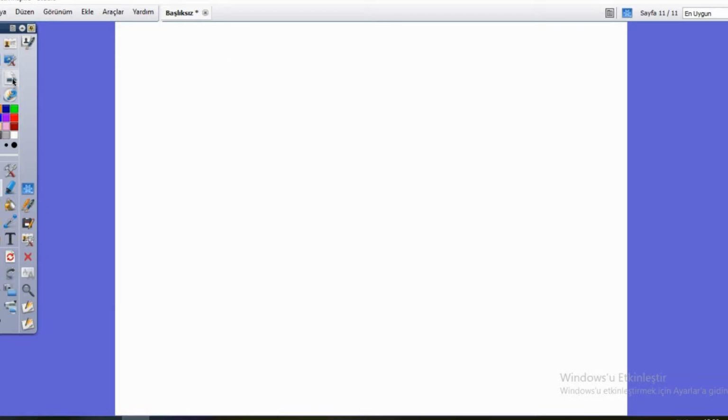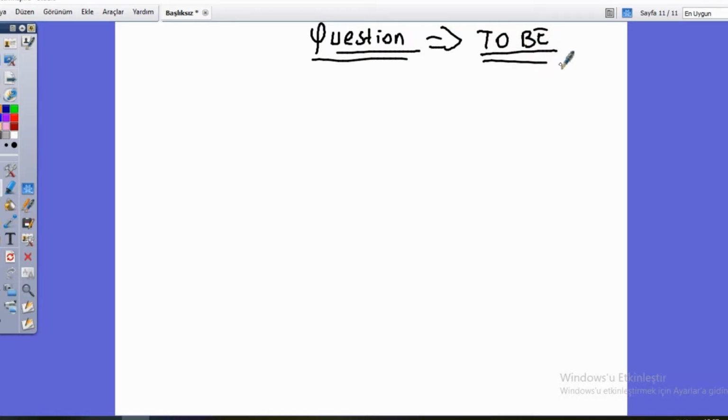To make questions with to be forms. So, we have here question forms with to be forms. When we make questions with to be forms, am, is, and are come in the first place. And subject pronouns come after to be forms.